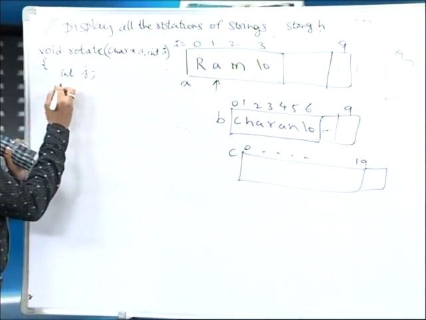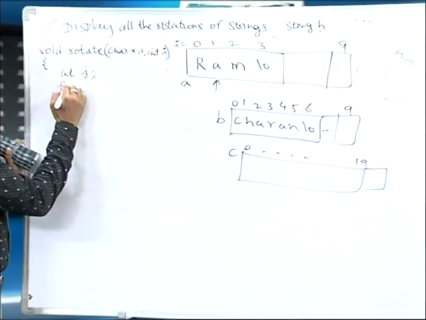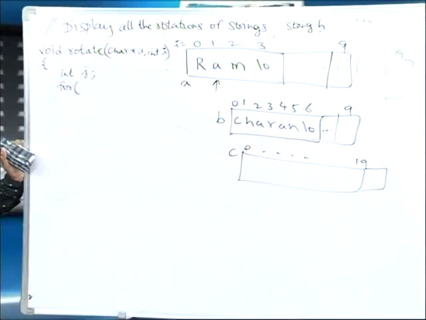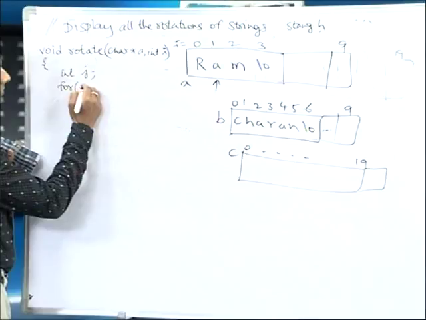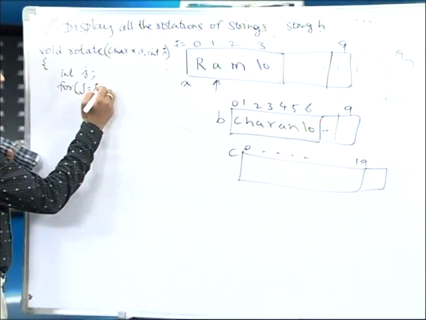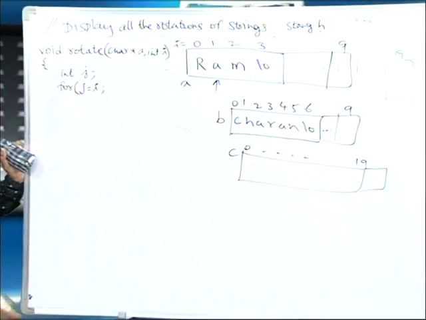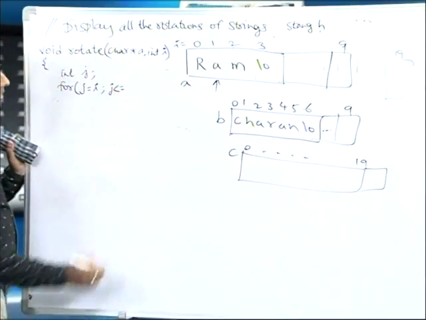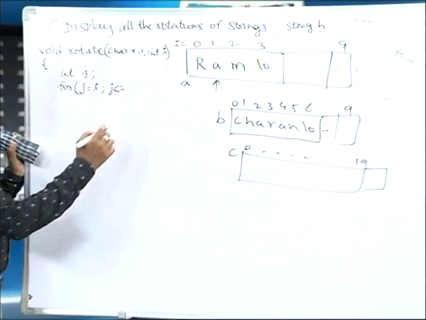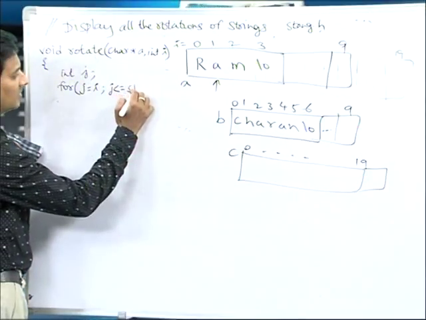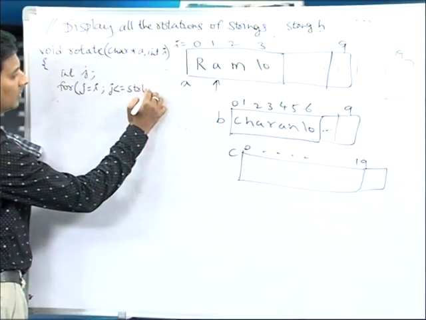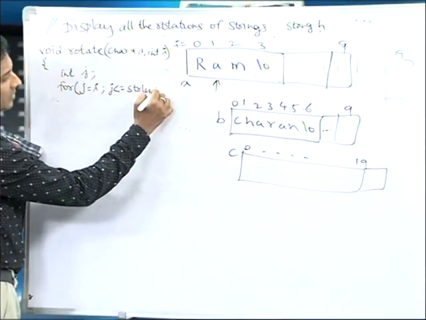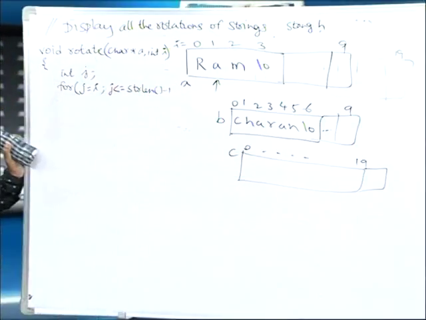For j equal to i, semicolon, j less than or equal to strlen, a predefined function, string length minus 1.